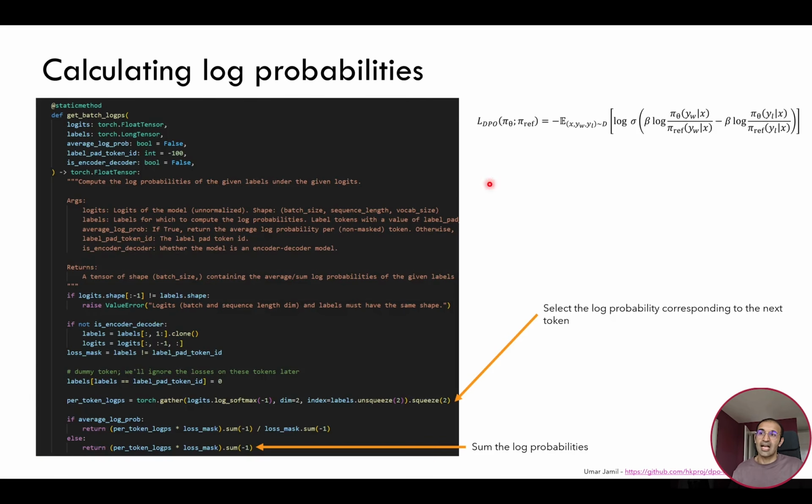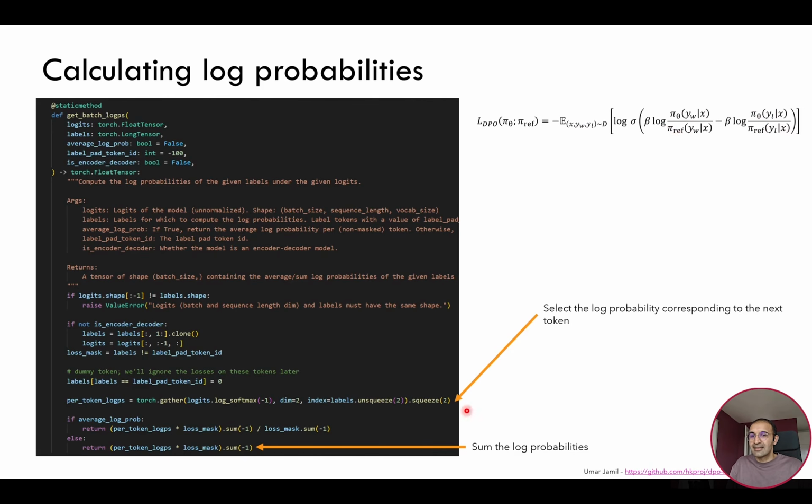And this is exactly what happens inside the Hugging Face library. So inside the Hugging Face library, to compute the log probabilities, to calculate this loss, they actually do what I described. They take the logits and they use the labels. What are the labels? Just the tokens corresponding to the answer, for example to the winning answer or to the losing answer, depending on which term you are computing, this one or this one, and the model that we are using, so the reference model or the model that we are trying to optimize.